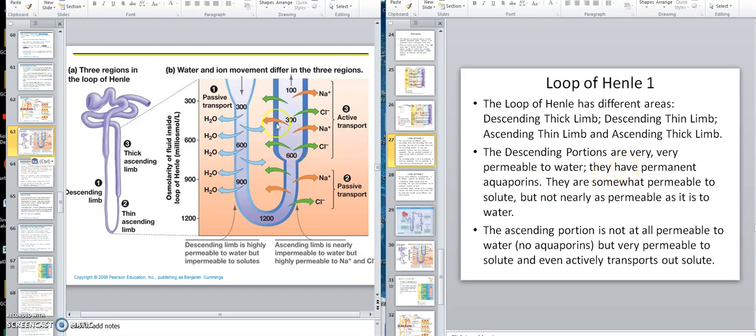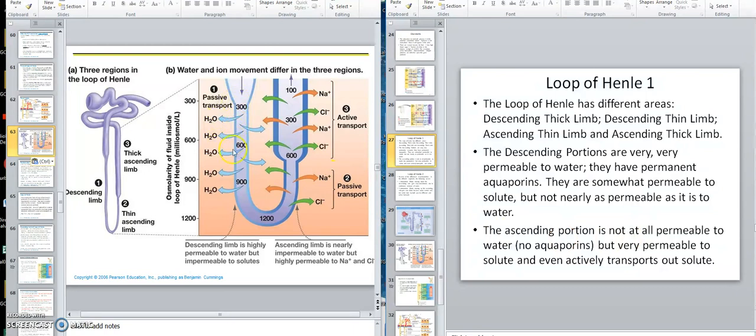They're permanent residents here. So therefore, water will come out. They're somewhat permeable to solute. So solute can come out, but not nearly as permeable as to water. So it's not impermeable to solute, but it's far less permeable to solute. So the main thing that exits is water.